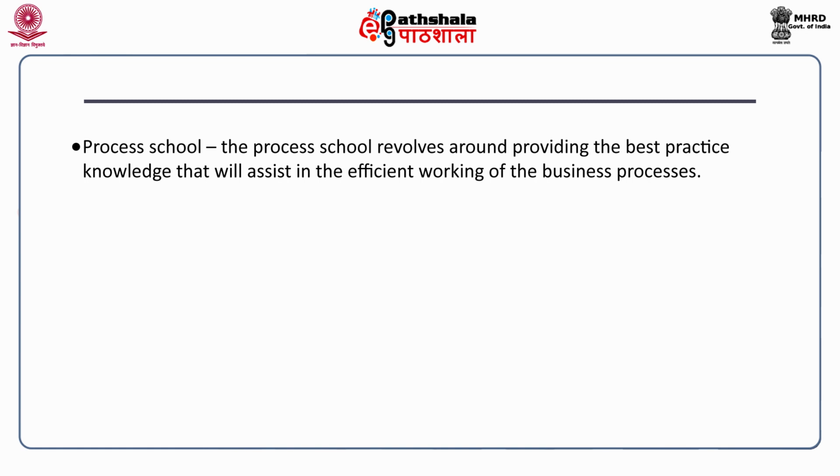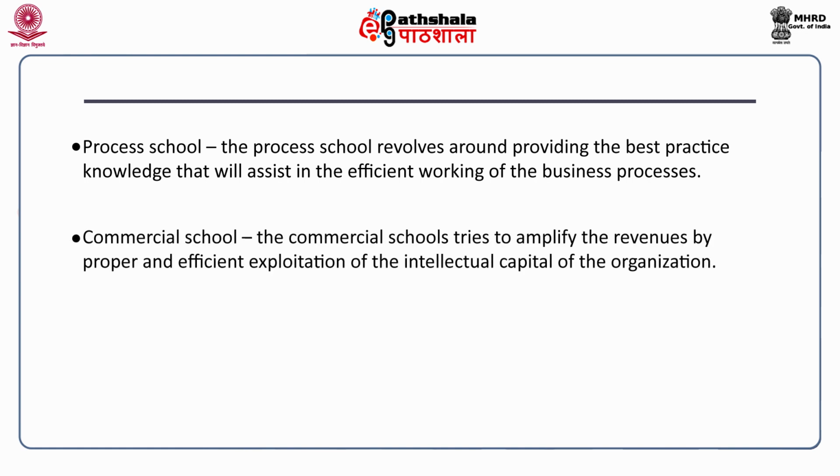It intends to enhance the core competencies of the organization by sharing knowledge through collective databases. The commercial school tries to amplify the revenues by proper and efficient exploitation of the intellectual capital of the organization.